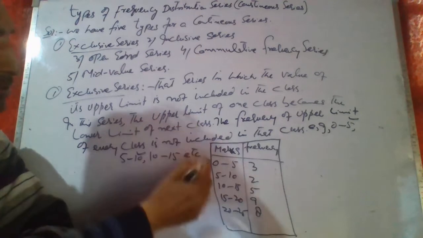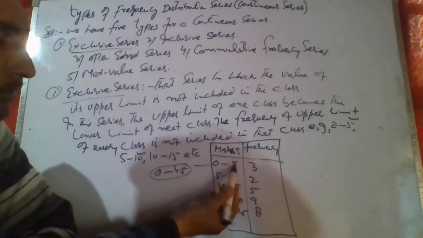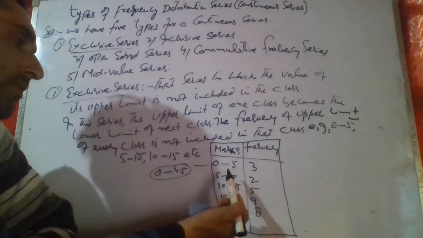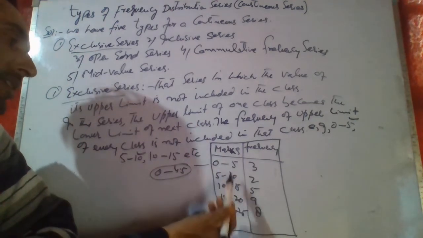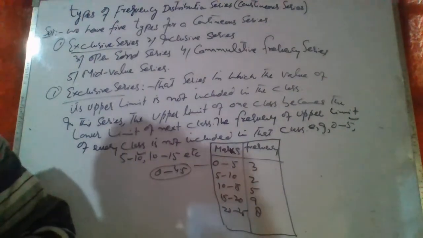This class includes values only 0 to 4.5. 5 itself is not included in this class. Frequency of 5 is included in the next class. Frequency of 10 is excluded from this class. That is why it is called an exclusive series.